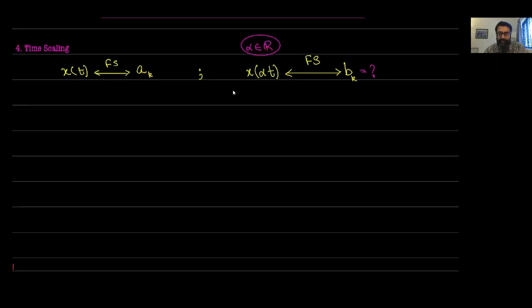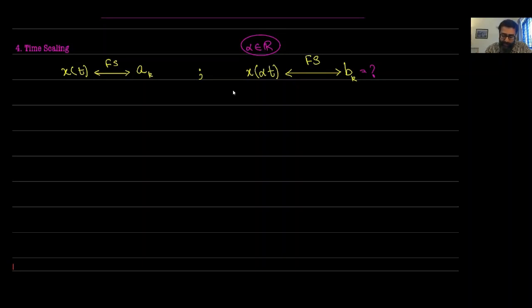As you may have noticed, x of alpha t is either a compressed or expanded version of x, depending on whether alpha is greater than 1, or between 0 and 1.